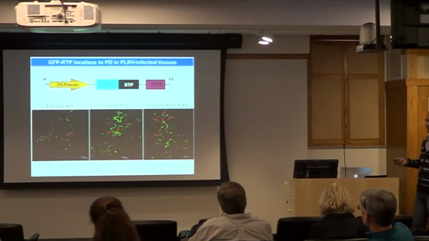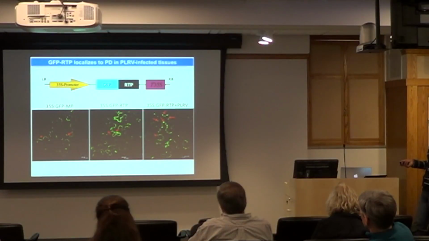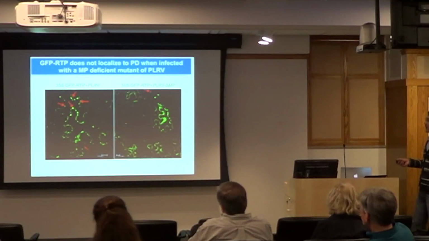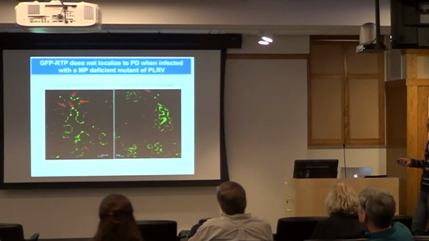Obviously, there are some other proteins encoded from the virus that changed the localization of the RTP protein. Because MP has the intrinsic property to localize to the plasmodesmata, next we detected the localization of RTP without MP translation.